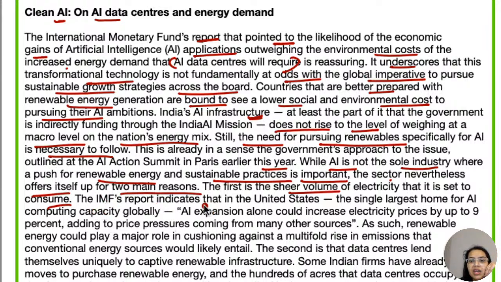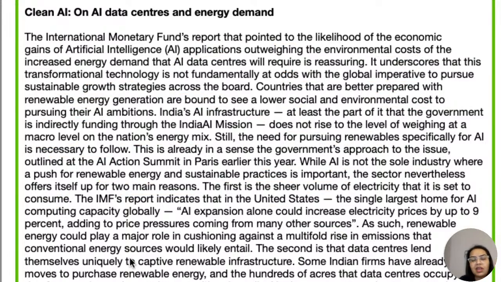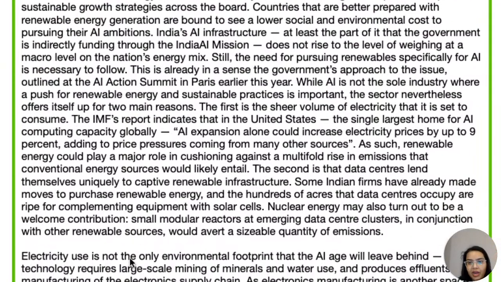The IMF's report indicates that in the US, the single largest home for AI computing capacity globally, AI expansion alone could increase electricity prices by up to 9%. So this is again the report, and this indicates that in the US it's going to be so, adding to the price pressures coming from many sources. Because it's not like everything is happening out of thin air.